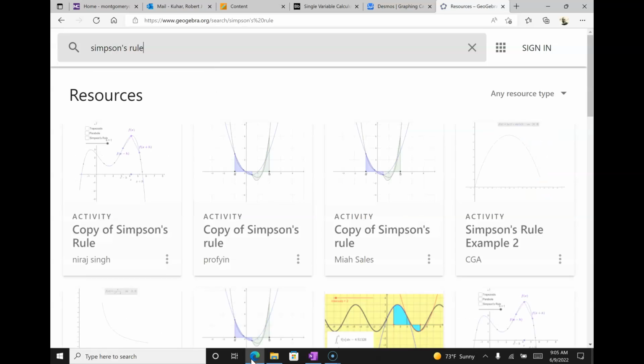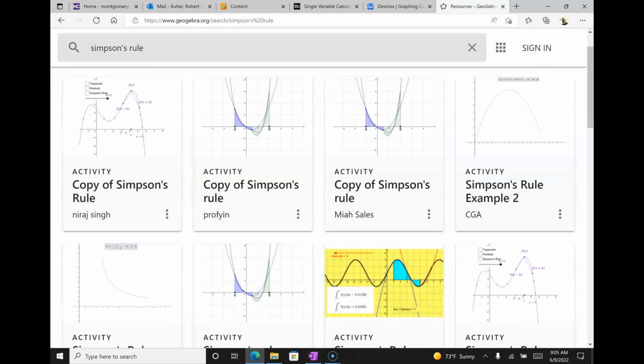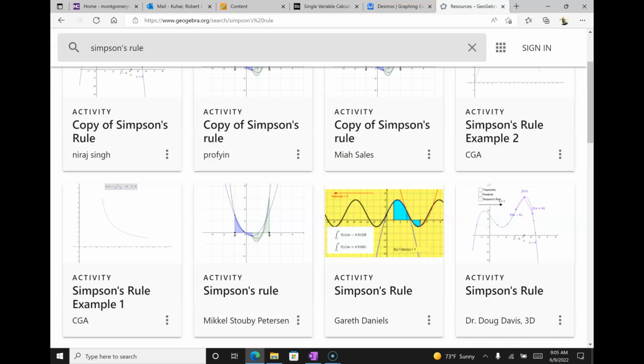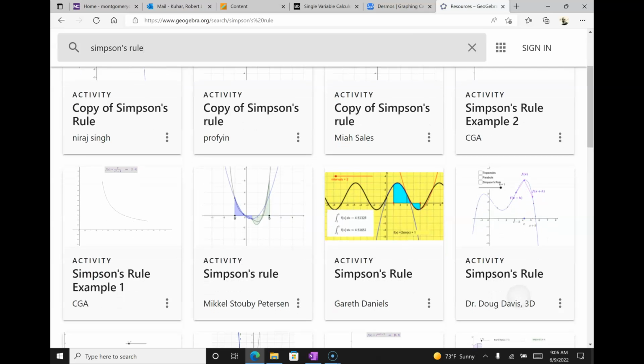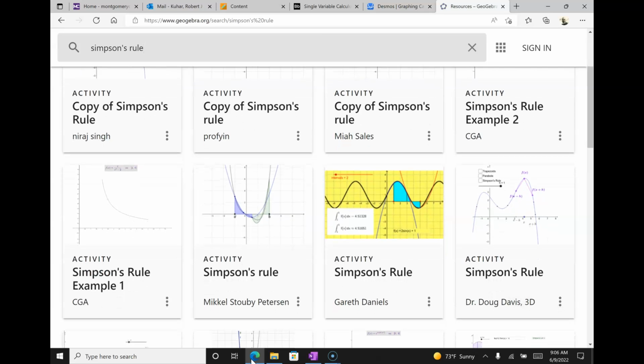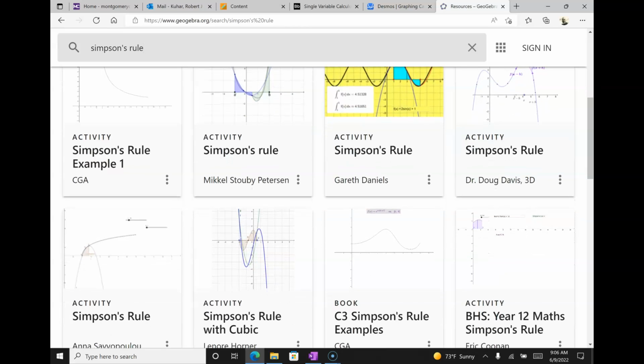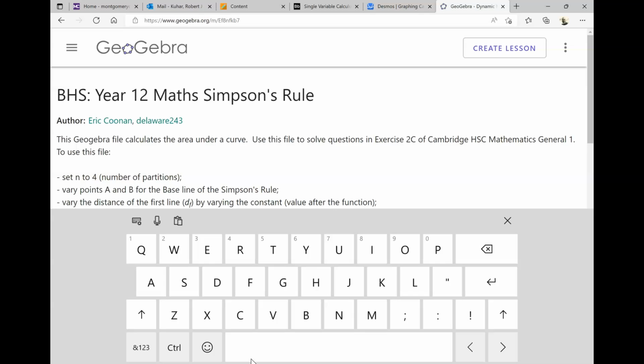Does anybody have one they know for sure they like? Let's try Kunin.